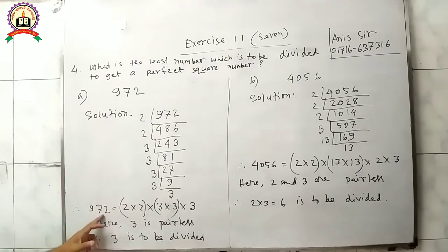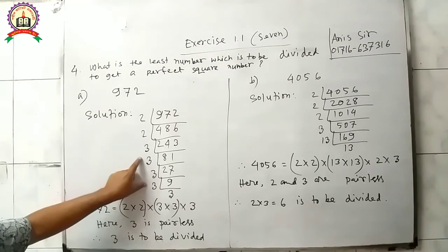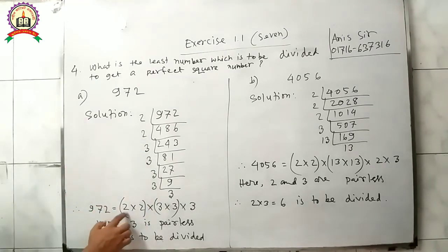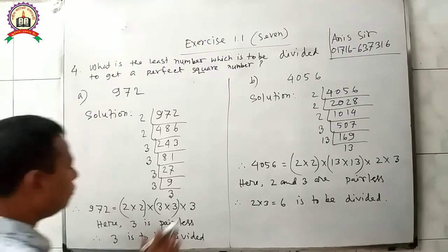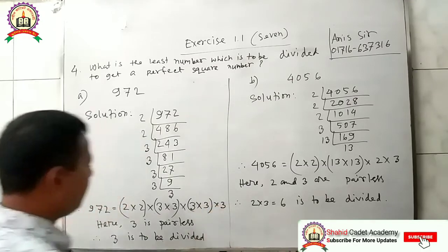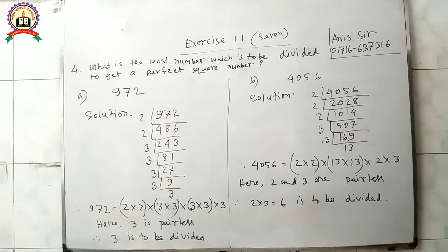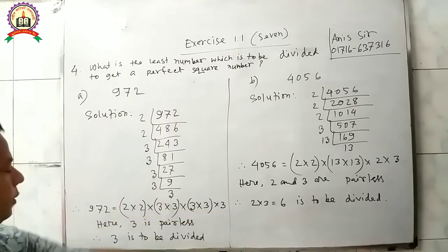So 972 equals 2 into 2 into 3 into 3 into 3 into 3 into 3.